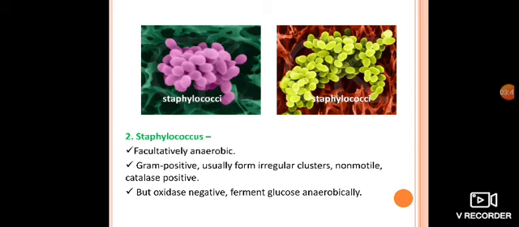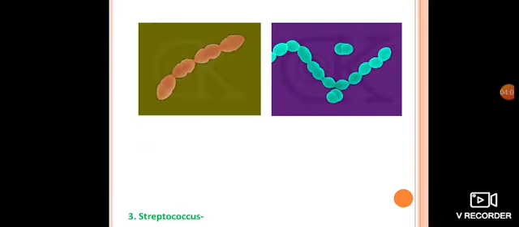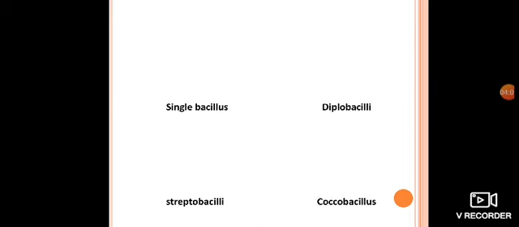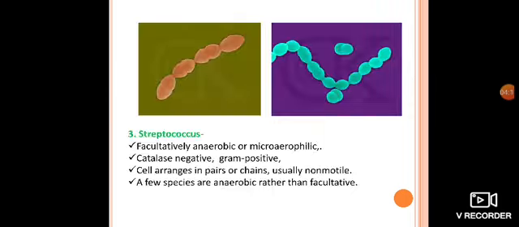Simultaneously they ferment glucose anaerobically. They will ferment the glucose; anaerobically means even if they don't have oxygen, they still ferment glucose. So these are the basic properties of staphylococci. Now the next is streptococci. They have a few properties like micrococcus and staphylococcus.